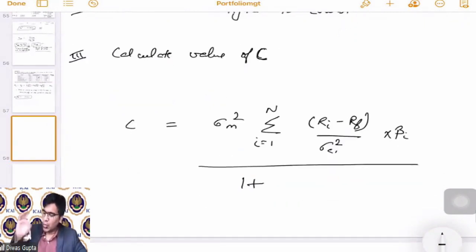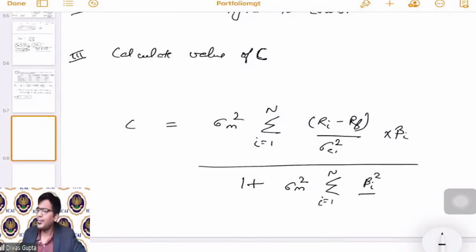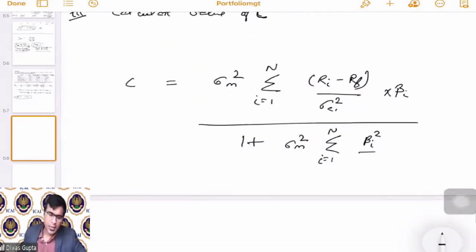So students, please don't worry, we will go through each and every step of how these steps are to be solved. We will do one practical example on this. The summation is i equal to 1 to n, and here also you have to take beta i square divided by ei square. Okay, this is what the total formula is.